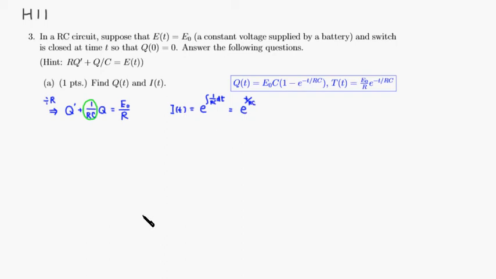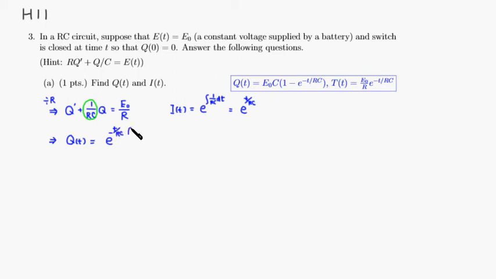Right? So we can find the solution Q of t. So Q of t, all right, and it's equal to, let's see, reciprocal 1 over I, so it's going to be e to the negative t over RC, right?